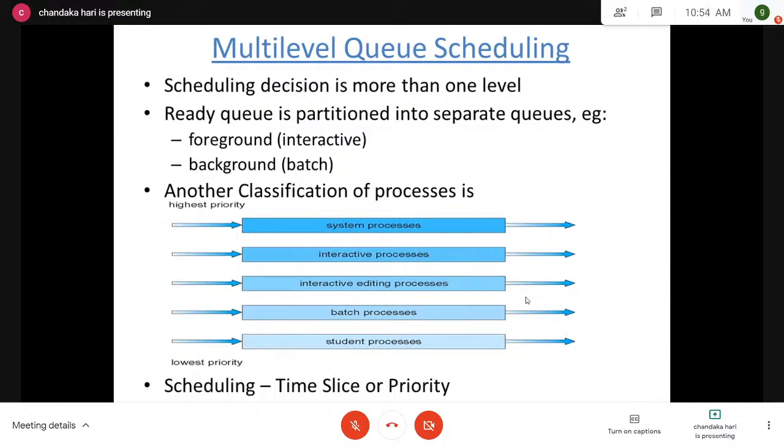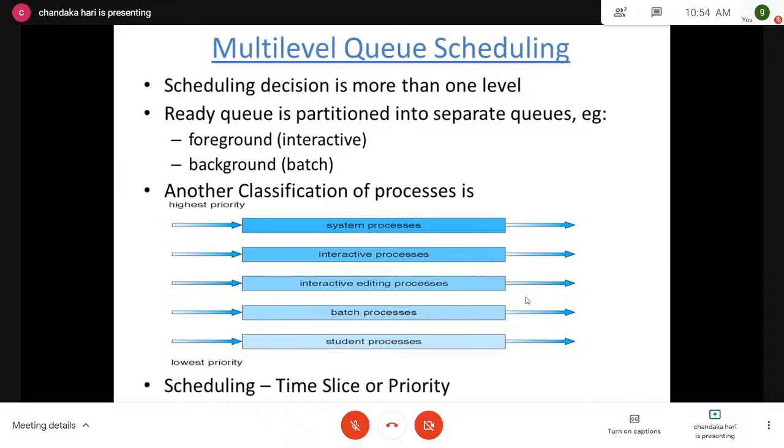System processes are the set of software programs required to run your computer system, that is assemblers, loaders, linkers, compilers, etc. These all come under the category of system processes.